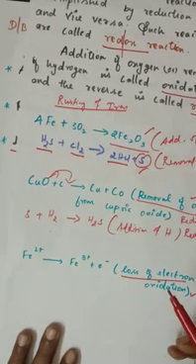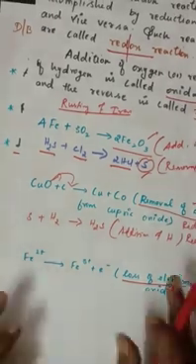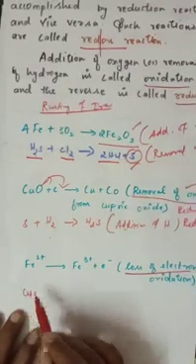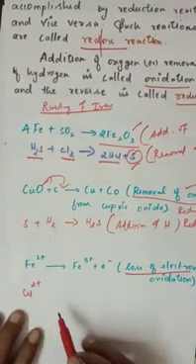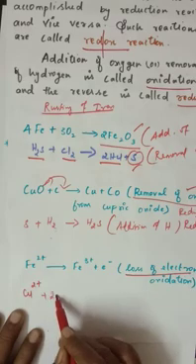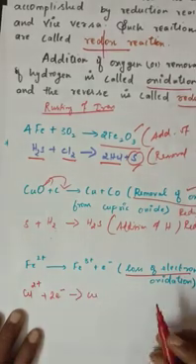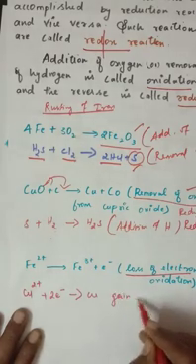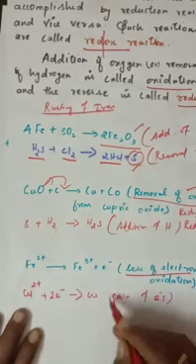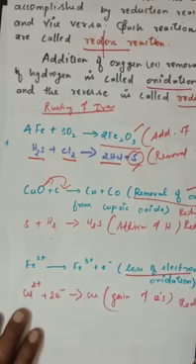The third one actually depends upon the electron. See here, Cu2+ is accepting electrons, which means gain of electron, and it becomes copper metal. Gain of electron is also known as reduction.